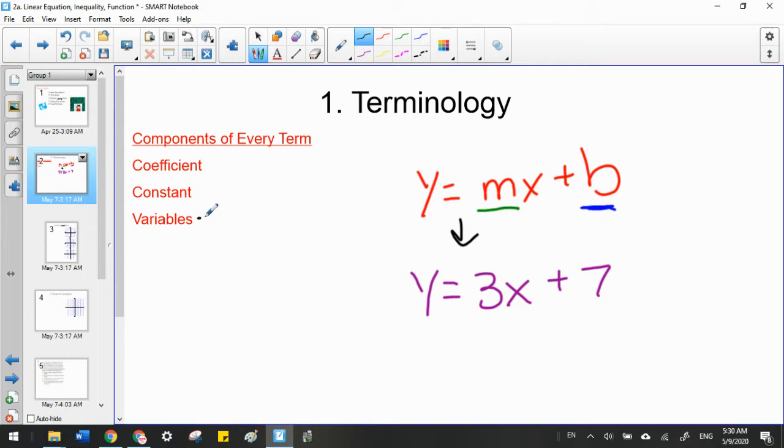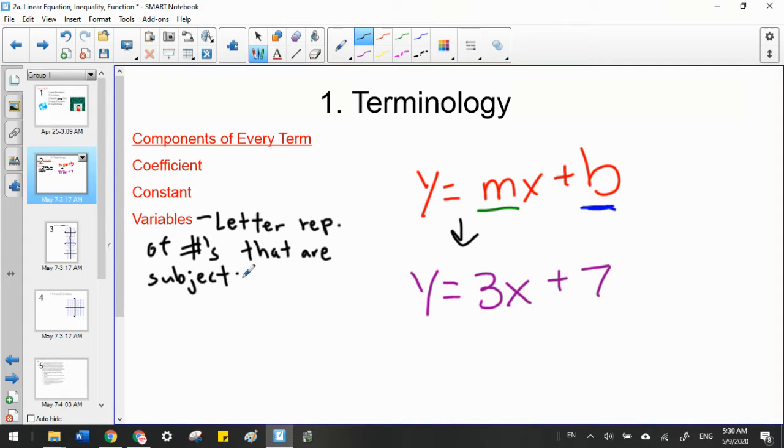Variables are essentially letter representations of numbers that are subject to change. So in this equation, my variables would be the y and the x, because if I plug in a different number for x, I'll get a different value for y, and the same is true vice versa.